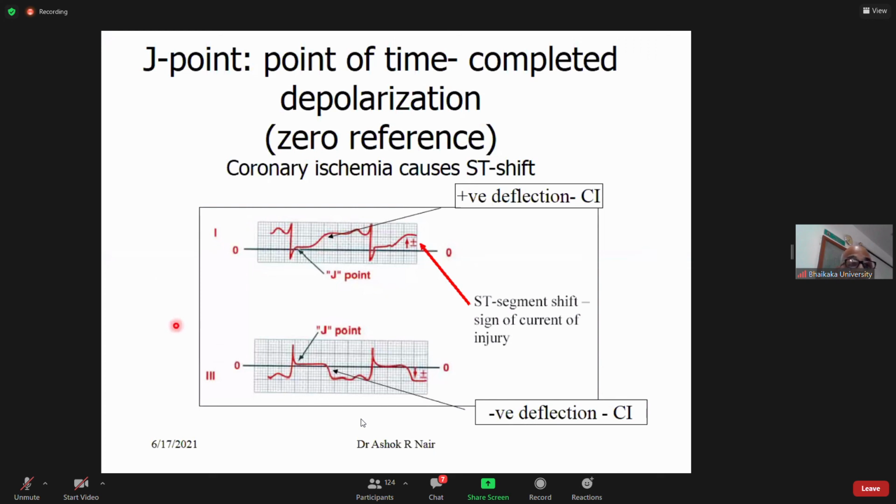You can draw it on the axis and draw perpendicular, trace it back, and place it on the point of origin, the location. We got negative current of injury, and there's a positive current of injury.